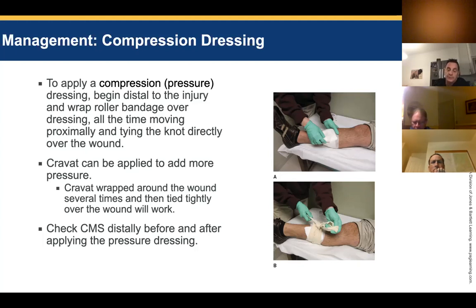You're going to want them to move their toes and be able to feel you touching below that pressure dressing. And it's a fine balance here of what's the right pressure to control the bleeding without cutting off circulation to the lower extremity. So you got to be aware of that.